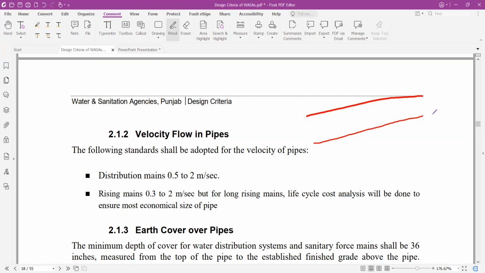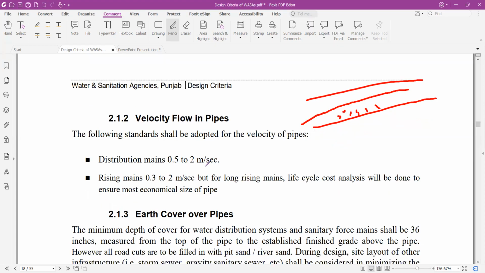Just to explain: for example, if the velocity is too low, the sand particles settling from the water can cause blockage of a pipe. So too low a velocity is also not viable. And if the velocity is decreased too much, the pressure becomes very high. It may cause the bursting of the pipe.